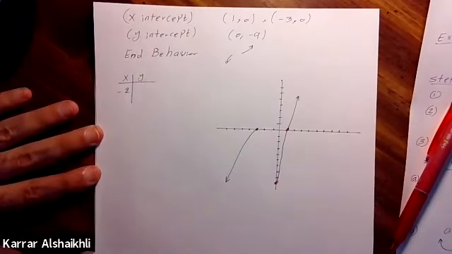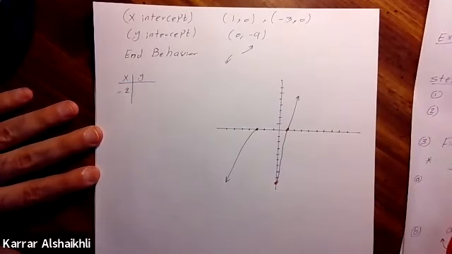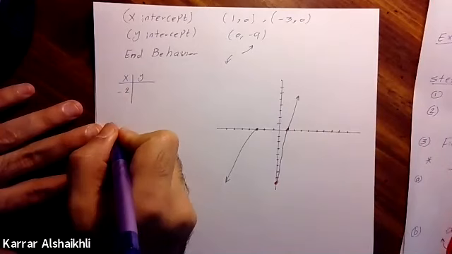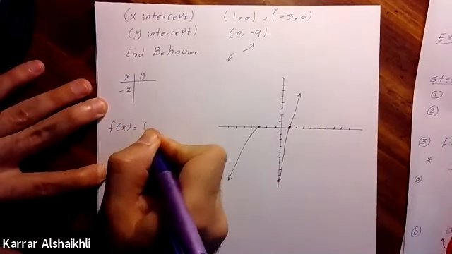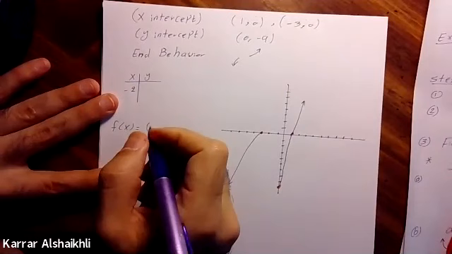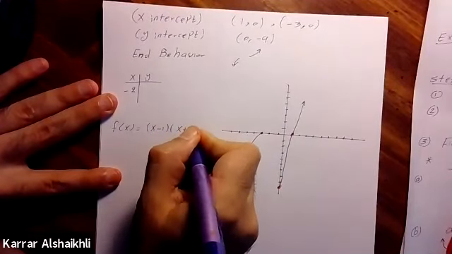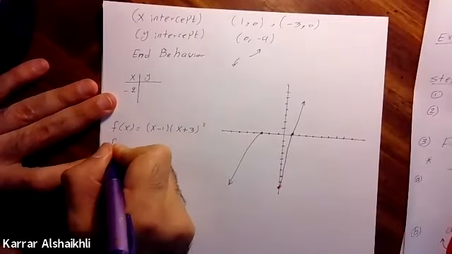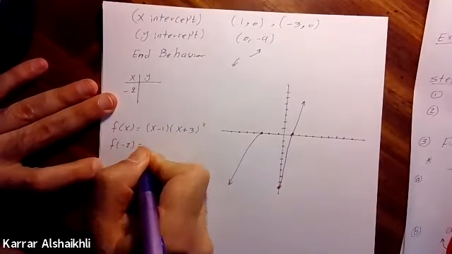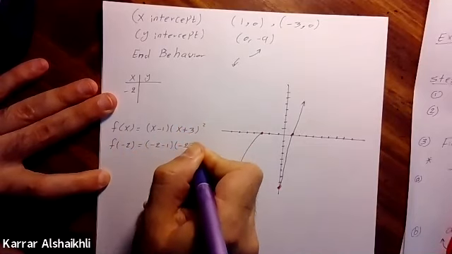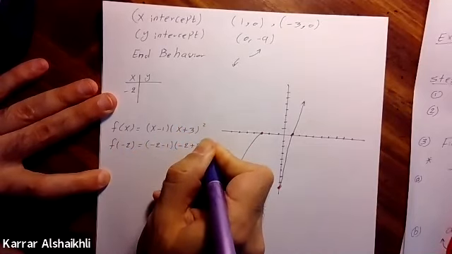My polynomial function is f of x equals (x minus 1)(x plus 3) squared. We need to find f of -2. So it's going to be (-2 minus 1)(-2 plus 3) squared.